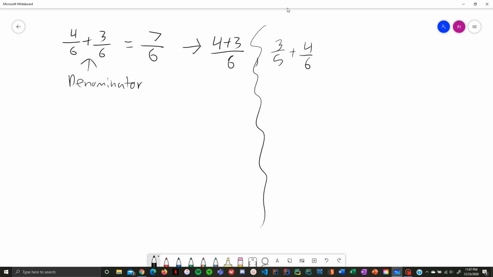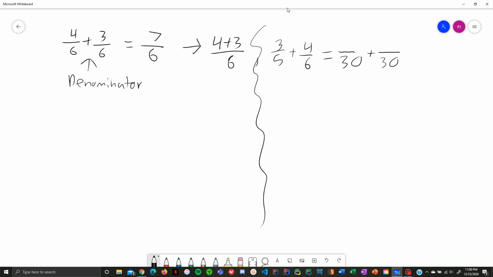We're going to multiply 5 times 6 and rewrite this here. 5 times 6 is 30, and 6 times 5 would also be 30. Now that we have the same denominator, we have to change our numerator, because once we change the denominator, we also have to change the numerator.